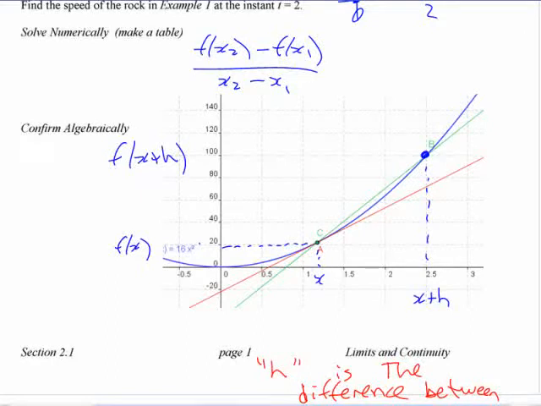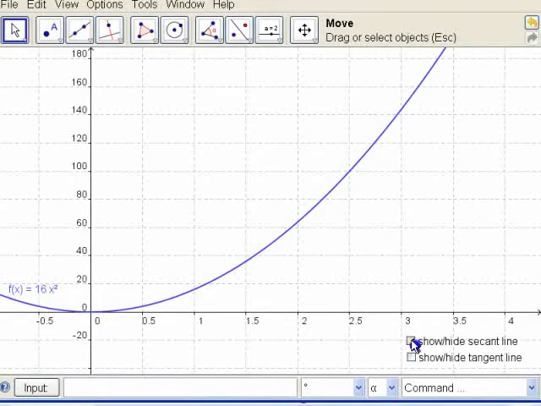The way we found that was we wrote an expression for the average slope between 2 points. I think we used 2 and 3 or something like that.